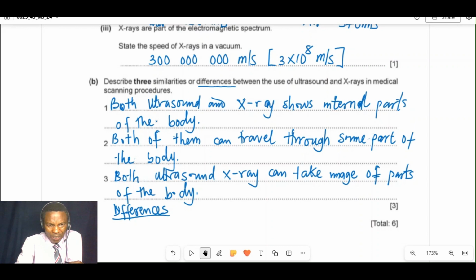Because it is relatively safe, it can be used for scanning a developing baby in the womb of its mother, like in the example given in this question.